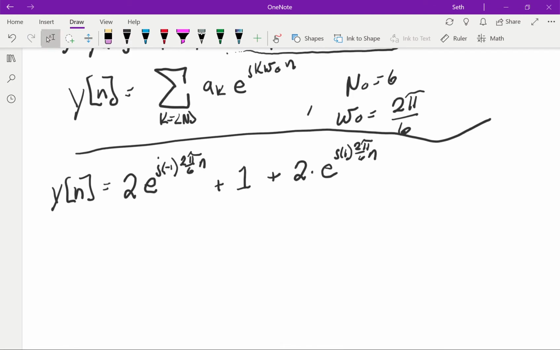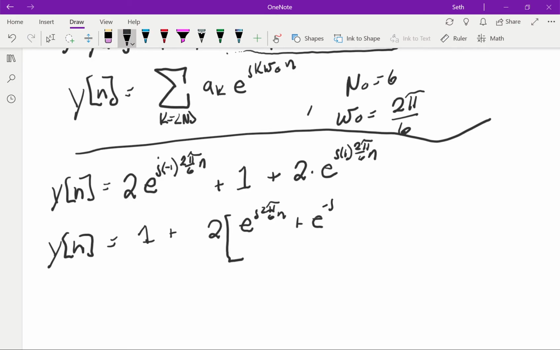And we can simplify this. Of course, it's just going to be 1 plus, now let's factor out a 2 here, e to the j 2 pi over 6 n plus e to the minus j 2 pi over 6 n.